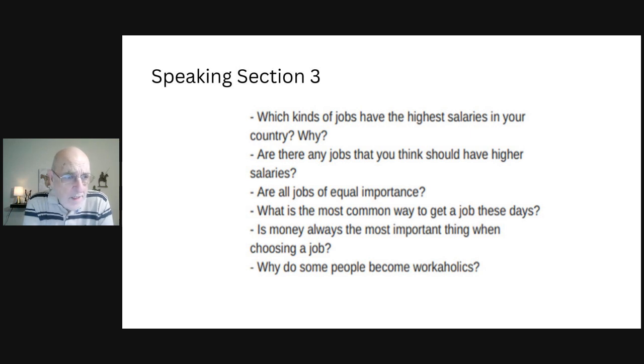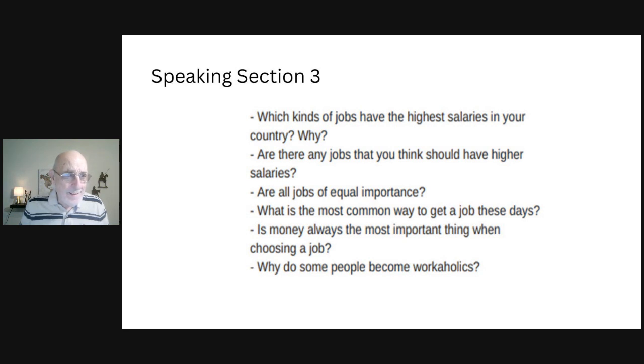So there are many different possibilities, and you'll only be asked to answer two or three different questions. And here are some examples of types of questions that you could be asked that have to do with employment or jobs. So they're very general. For example, what kinds of jobs have the highest salaries in your country? Why? Are there any jobs that you think should have higher salaries?